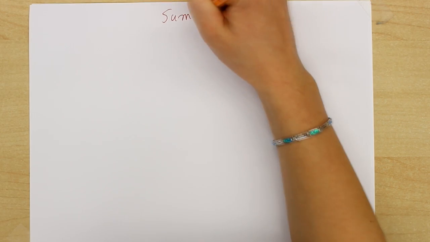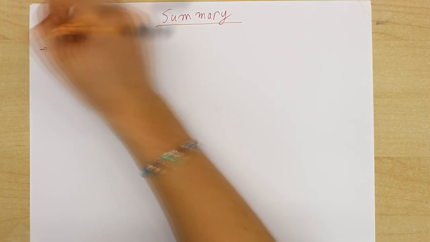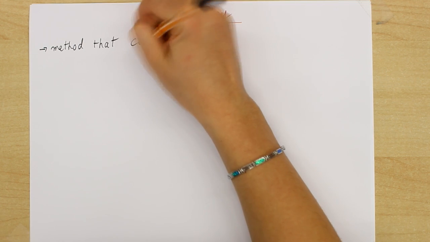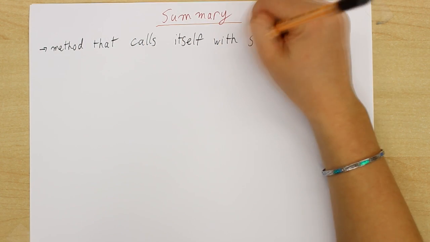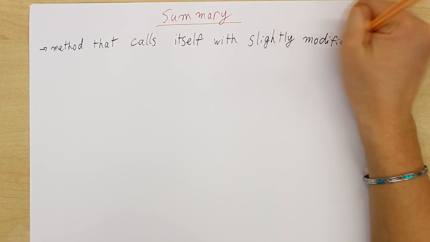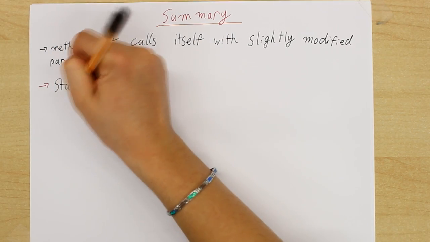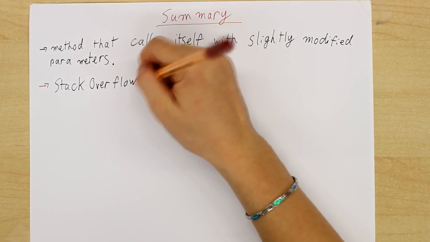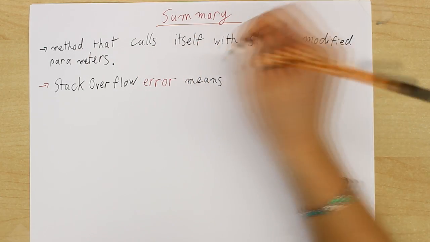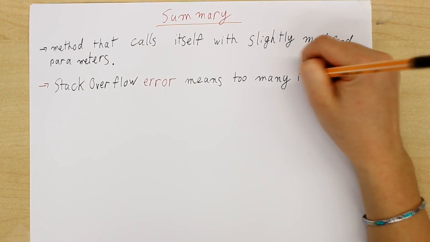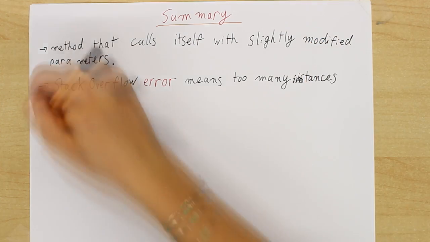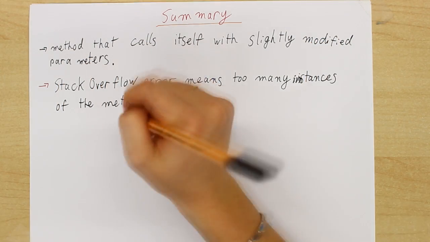As a summary, a recursive method is any method that calls itself with slightly modified parameters, because a method that calls itself unchanged is pointless and infinite. You're very likely to get a Stack Overflow error at some point in your experiments with recursion. That means that too many instances of the method have been called and the computer simply can't deal with them anymore.